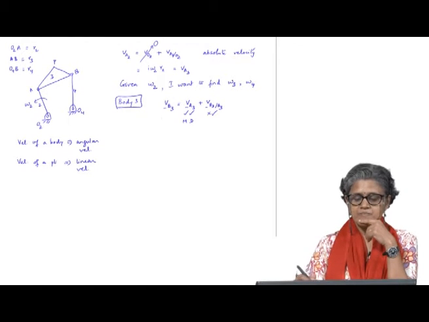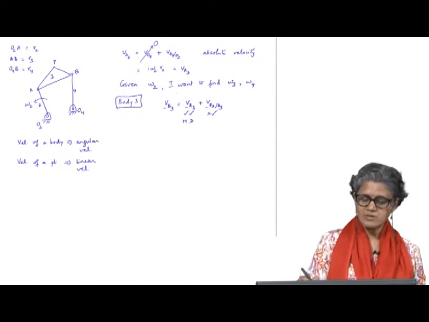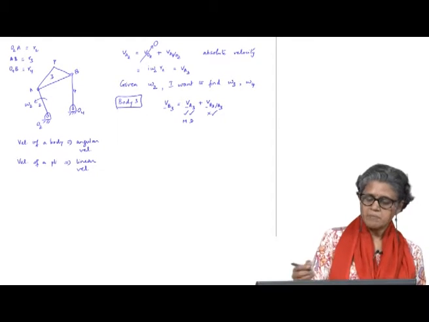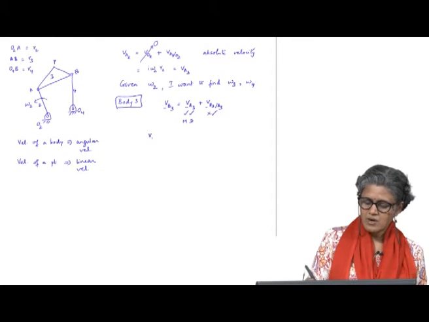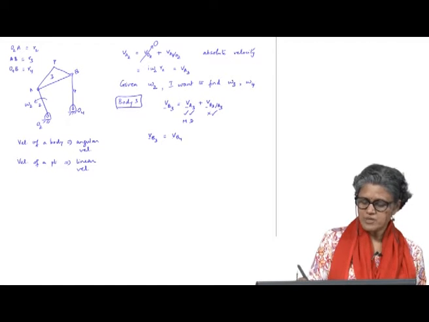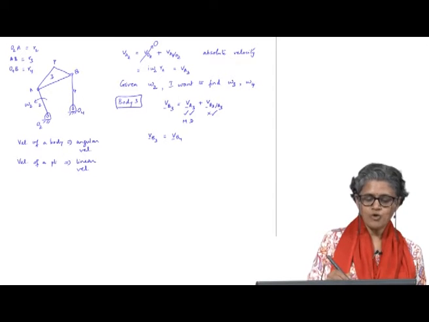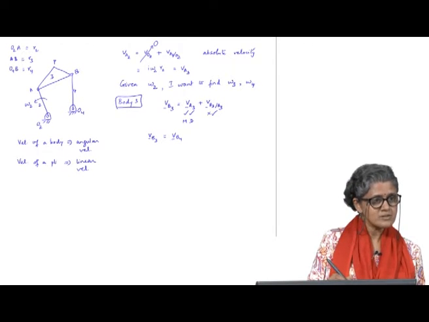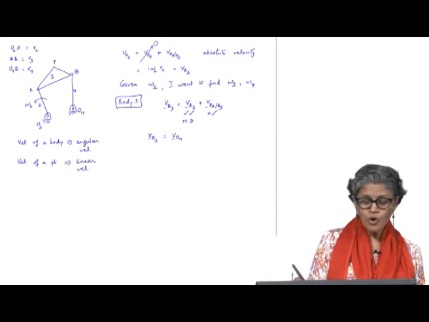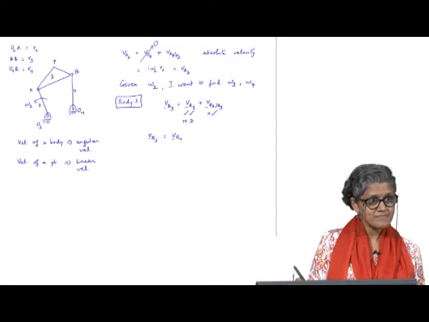Let us see if I can find something about the velocity of B on body 3. If I look at this, the velocity of B on body 3 is also equal to the velocity of B on body 4, and body 4 is again pivoting about a fixed pivot. So, I do know the direction.